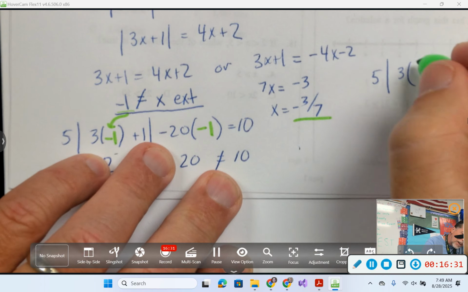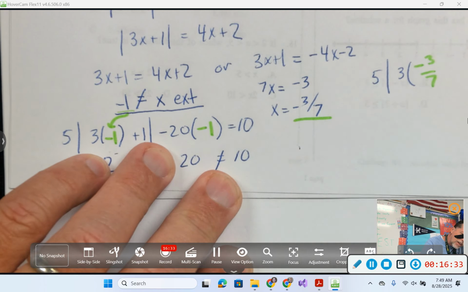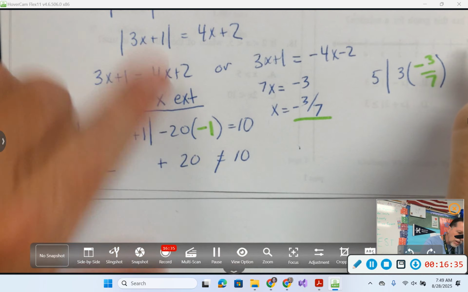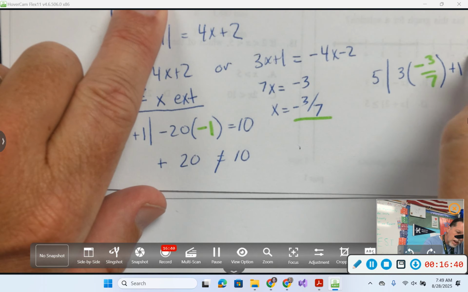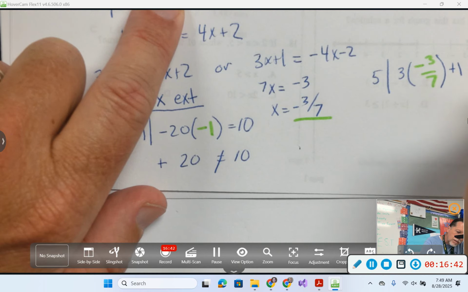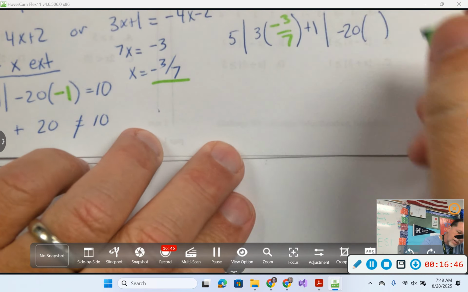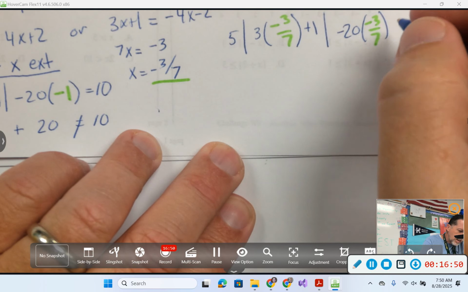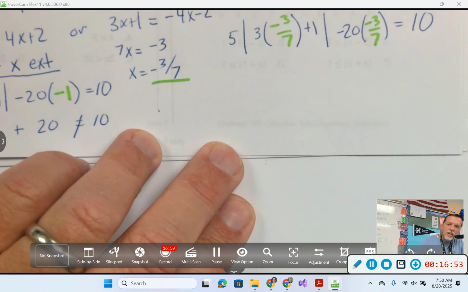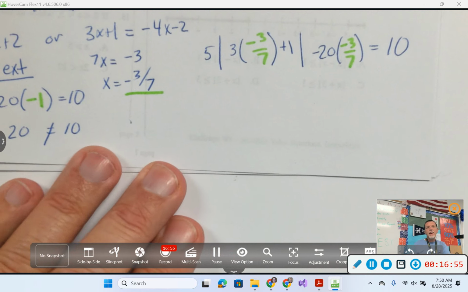Alright, in goes negative 3/7. All the way back at the beginning. Plus 1. Absolute value. Minus 20 times... Thank you. Negative 3/7 equals 10. Yay, fractions.